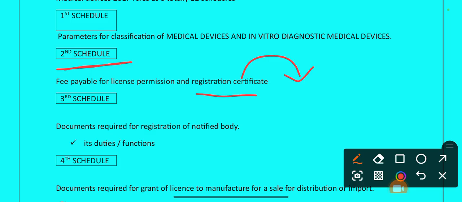If we have any ready medical device, we pay the fees and the license permission after getting manufacturing, and you must obtain the registration certificate. This is the second schedule.